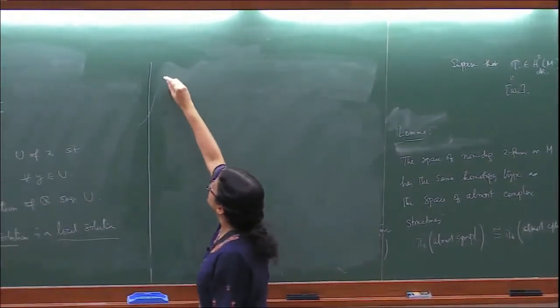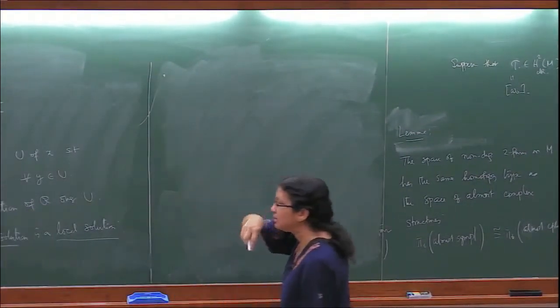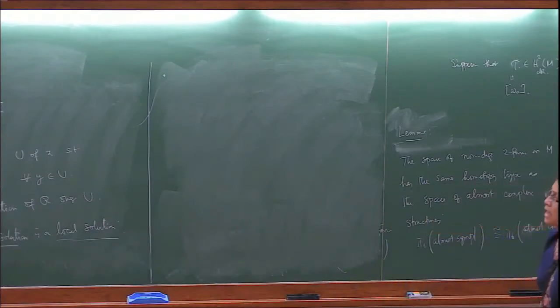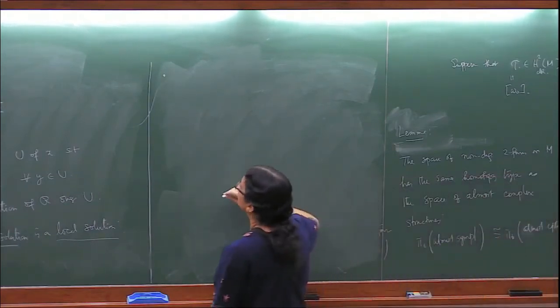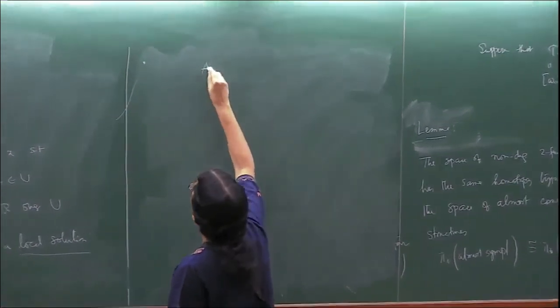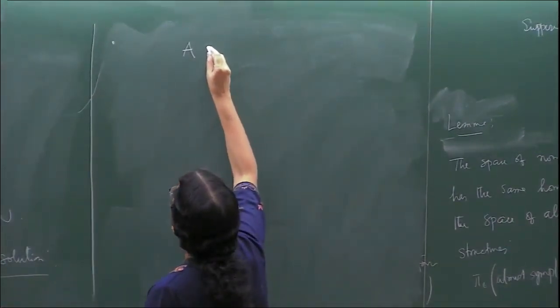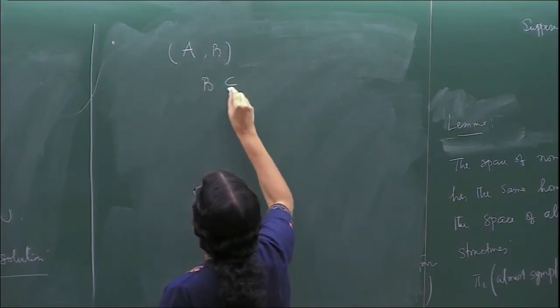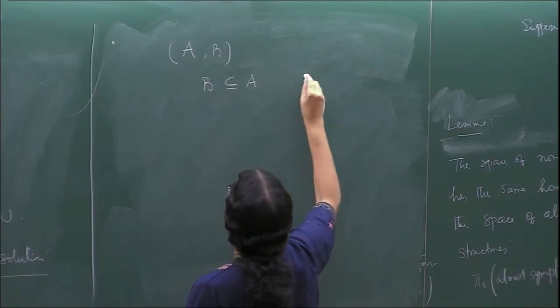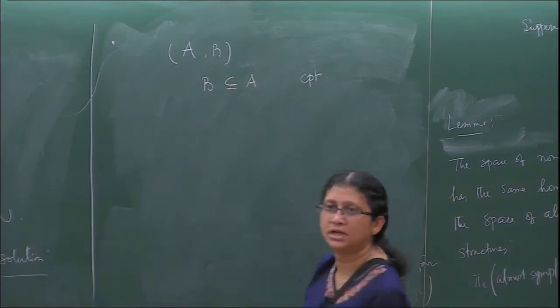The second property is a little bit more involved. Let's consider two subsets, A and B. So this is a topological pair, B is a subset of A, and assume that both B and A are compact.